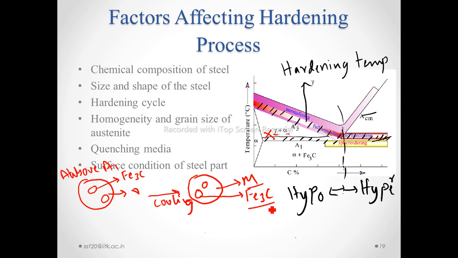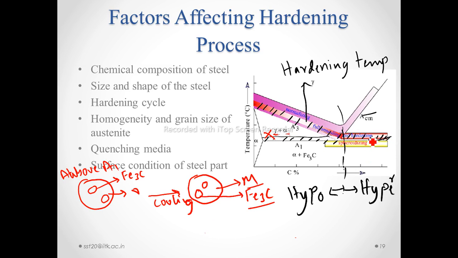As we know, this Fe3C has higher hardness as compared to the martensitic structure. So instead of reducing its hardness value, it will increase the overall hardness of the component more than that of only martensite.